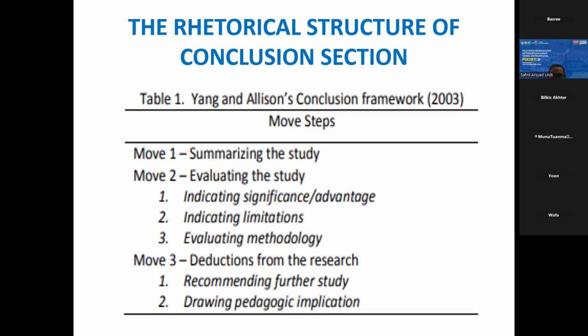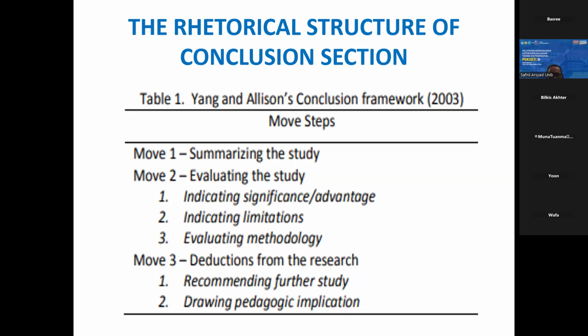Usually, the limitation of the study is about the methodology. Step three is also evaluating the methodology. So if we do that, we don't need to address move three, because we have stated the limitation of the study by commenting on the methodology.